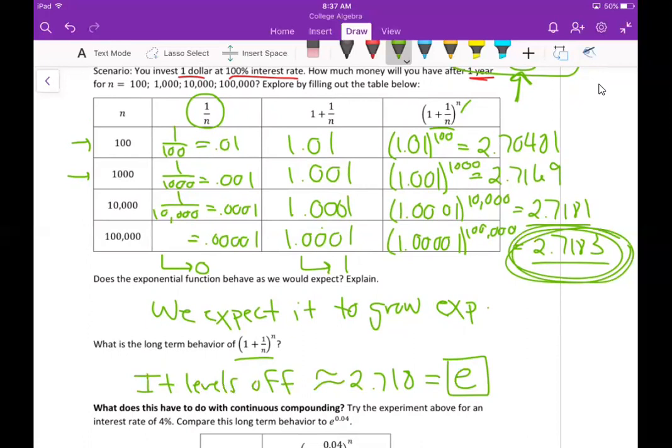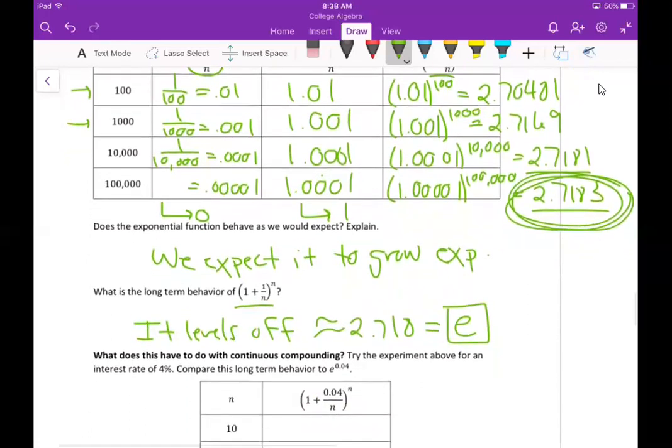So that's where E comes from. It's that number we approach basically when we're having division combating that exponential increase in the same equation.